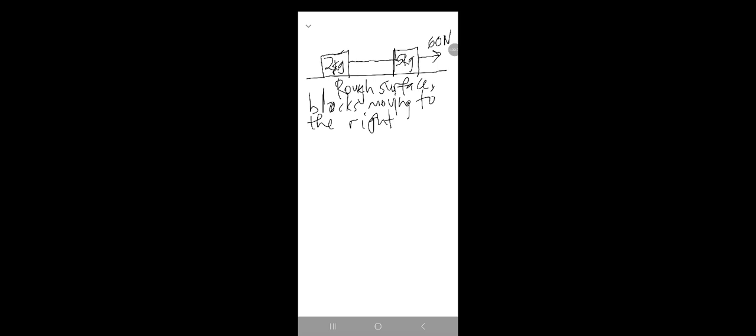So we need to draw a free body diagram for both boxes. Let's start with your 2 kg box here. For 2 kg, we need to draw our force diagram, then draw a free body diagram.